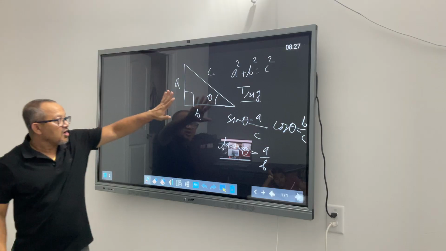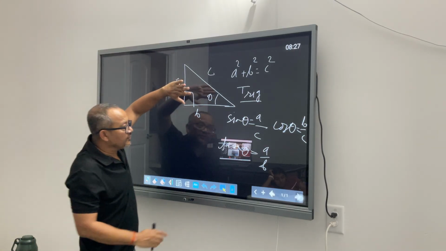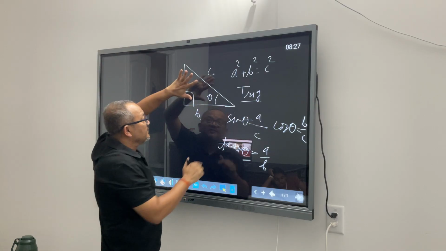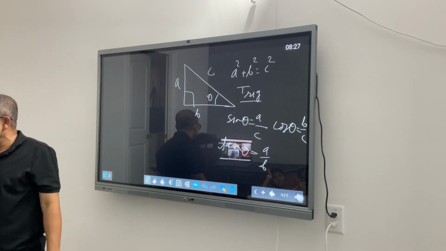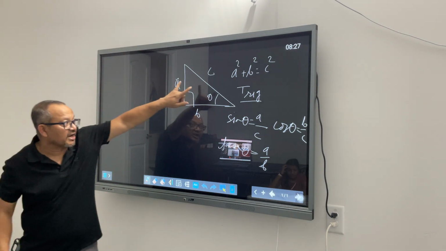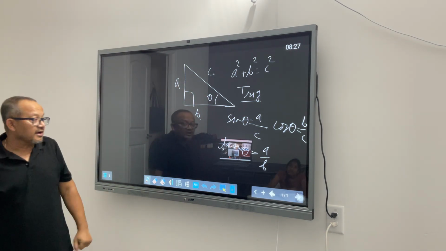If you look at it carefully, all these trig functions were working fine for a right angle triangle. So the relationship was established between the angle and side only for right angle triangle.